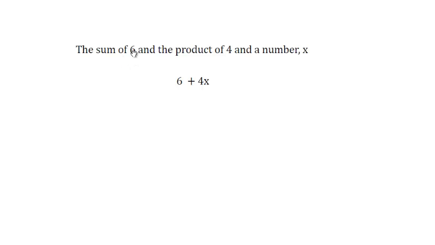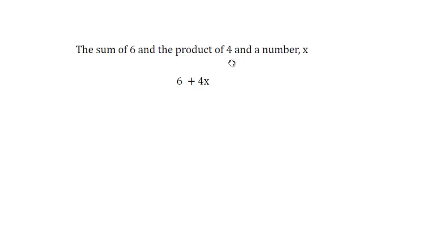So the first number is 6, and the second number is the product of 4 and a number x. The first number is 6, so we write 6. Sum means to add, and the second number is the product of 4 and a number x. Product means to multiply. After the words product of, you will see two numbers, or more perhaps, separated by the word and, and those are the two numbers to be multiplied.